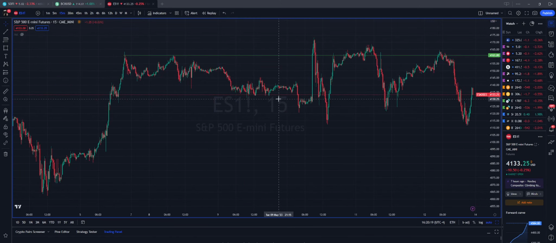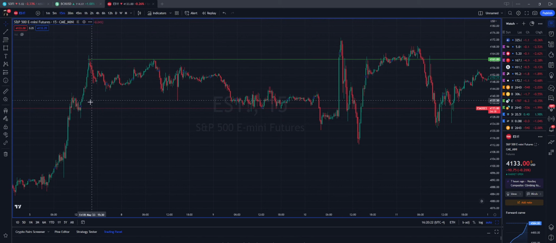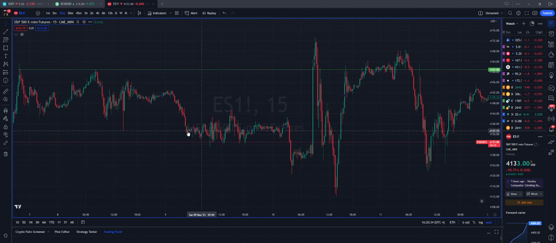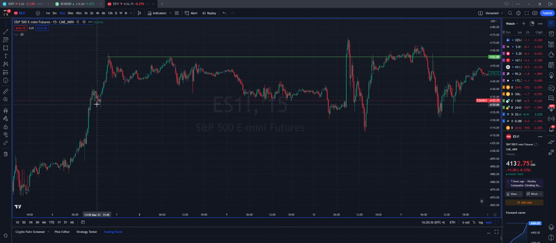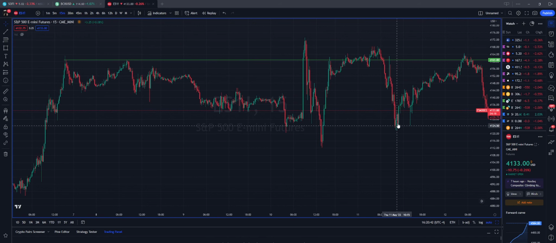Oh, I forgot to mention the buyers. So the buyers, it's just the opposite, right? We want to look where people are buying, right? So we found one right here. We just look at the impulses, right? So we find one, we find the second one, find the third one, find this one right here, this one as well.